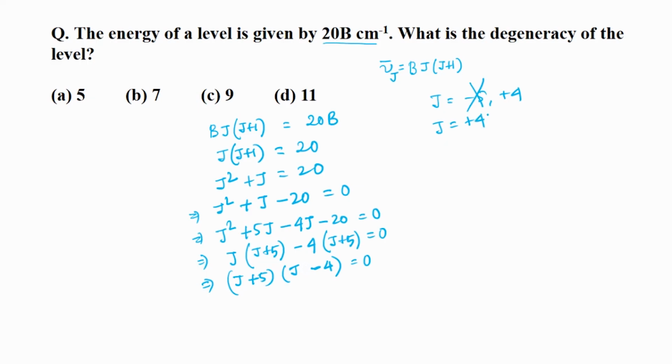So, if j equals plus 4, we know the degeneracy g_j is given by 2j plus 1. So, that is 2 times 4 plus 1, that is 9. So, because this is a multiple choice question, the correct answer is C. That means, the degeneracy of the level is 9.